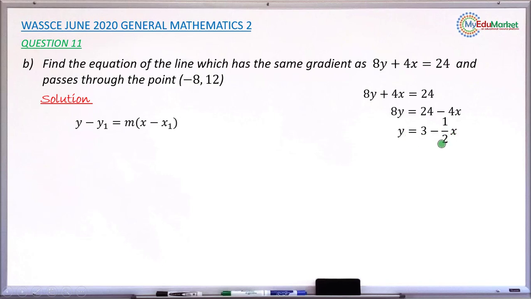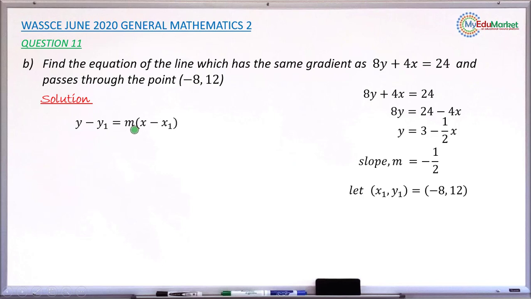So I'll now look for the coefficient of x there, which is minus 1 over 2. That will be the slope of this very line, m, and it will be the slope of the line we are asked to write the equation of. So if we let x1, y1 be the coordinates of this very point minus 8, 12, then I can come back and substitute in this very formula.